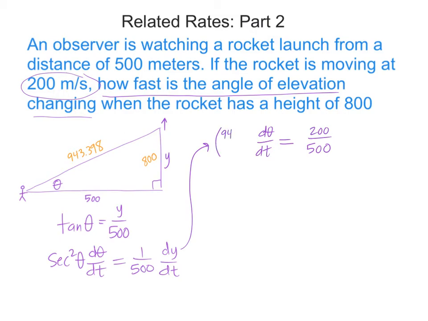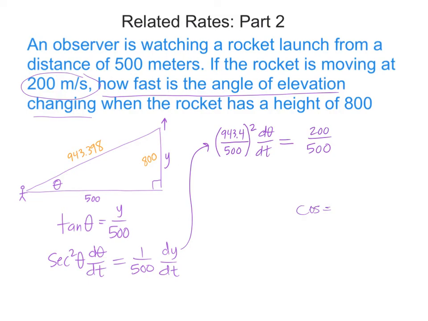So 943, I'm going to call it for the sake of space, 943.4 right here, over 500. That's the secant of theta, and that needs to get squared. Okay, so make sure you're comfortable with me taking secant of theta, and since cosine equals adjacent over hypotenuse, then secant, which is the inverse of cosine, must equal hypotenuse over adjacent, and I plugged in hypotenuse over adjacent to get secant of theta.